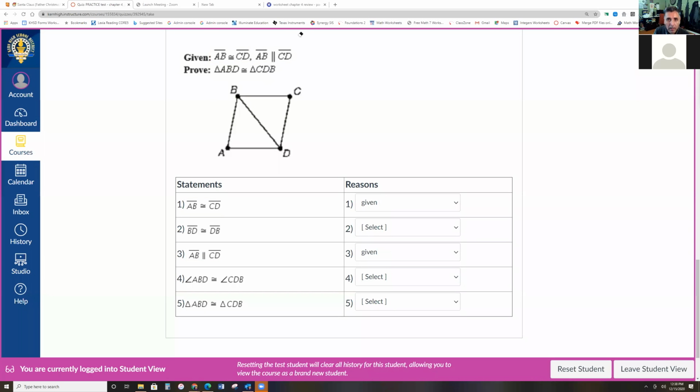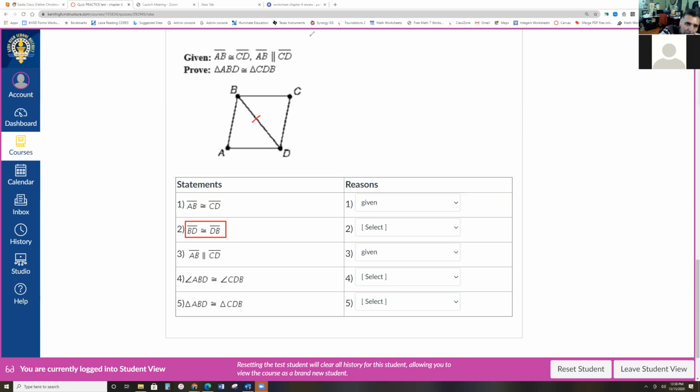And then the next one would be this guy. BD is congruent to DB. Remember, if you look at the diagram, here's BD and here's DB. Well, guess what?